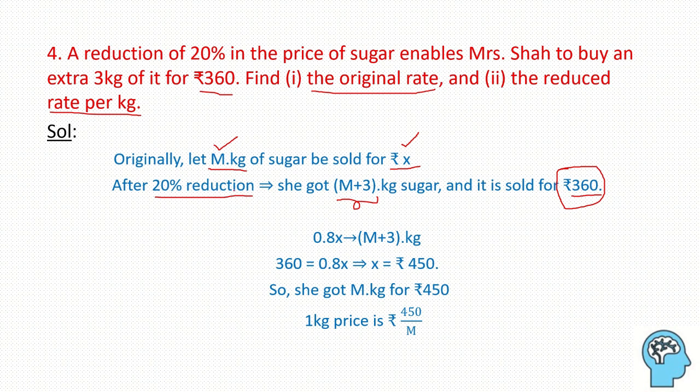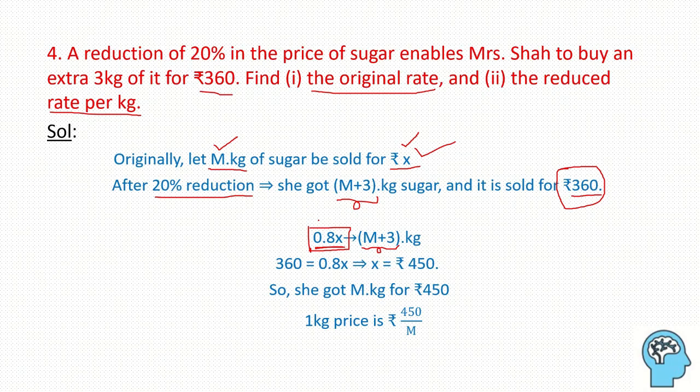The original price is x rupees, and after reduction the price will become 0.8x rupees. For this 0.8x she got m plus 3 kgs.